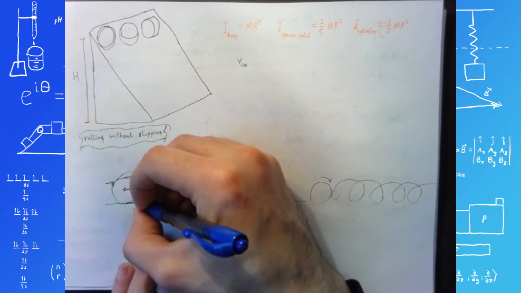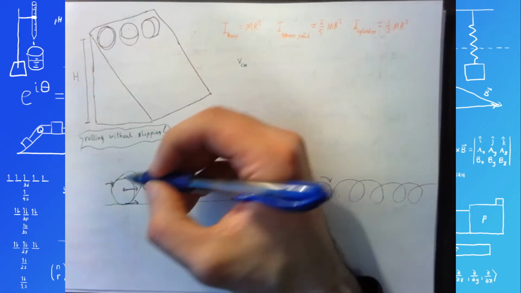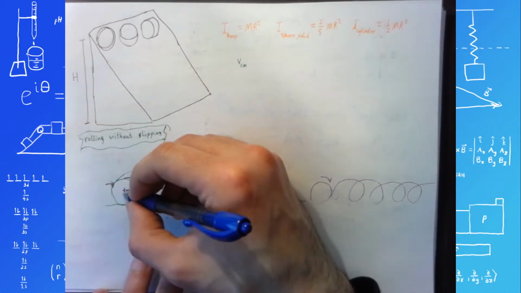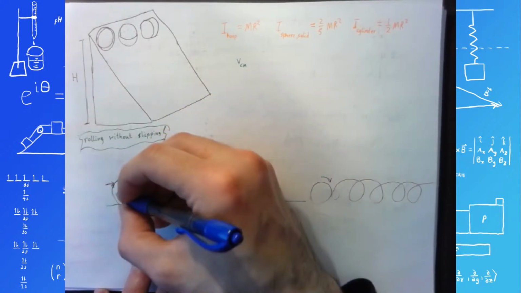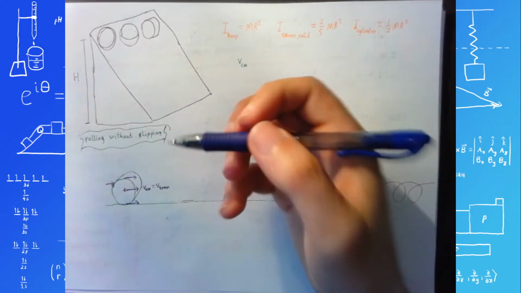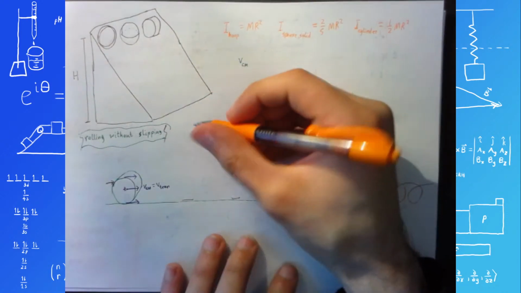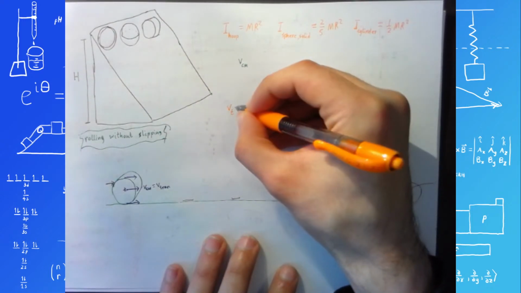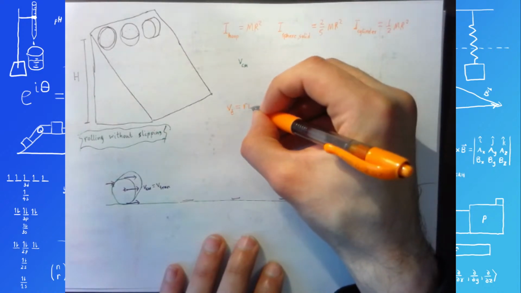So every point on this object is going to have this velocity V tran. But on top of that, every point except for the center of mass is going to be rotating around the center of mass and is going to have an additional velocity on top of this V tran. That additional velocity can be calculated by simply using the formula for V tangential. V tangential equals R times omega.